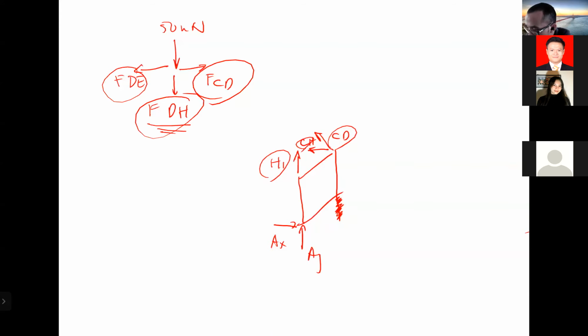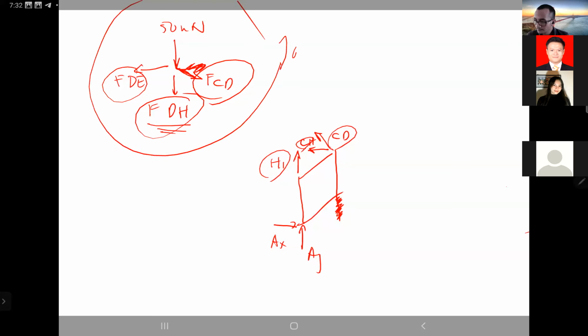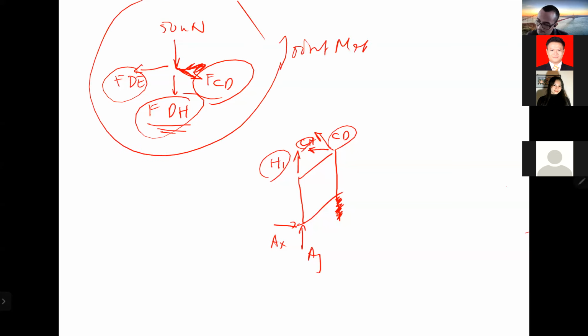Sorry, CD here is not supposed to be going to the right. I'm sorry, I made a mistake. This one is supposed to be going like this. This one is using join method. I see. So you can combine both methods.